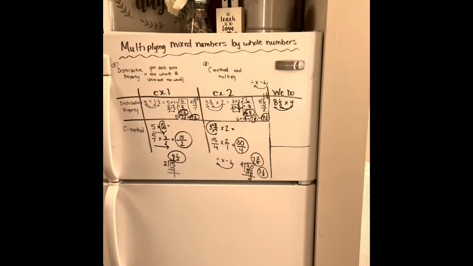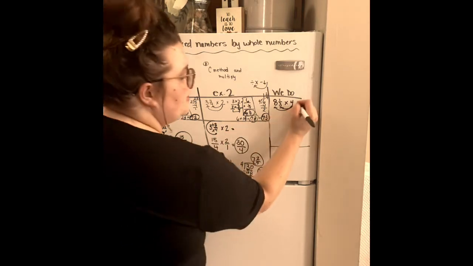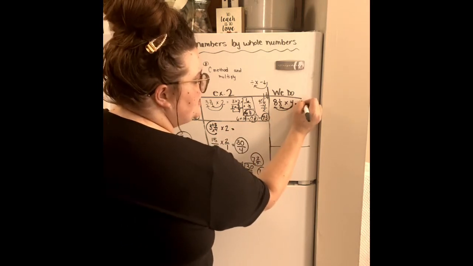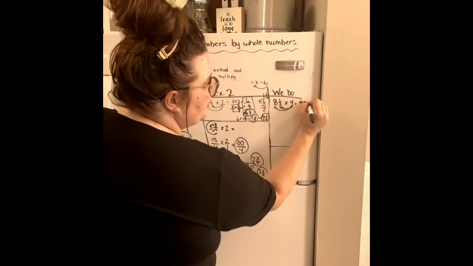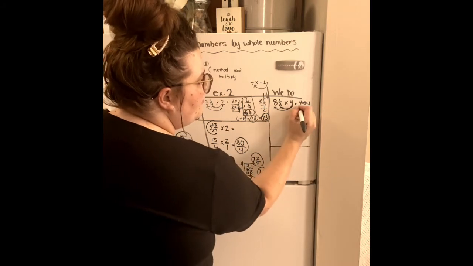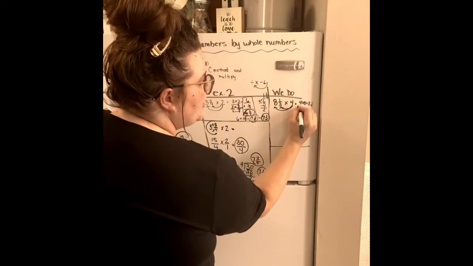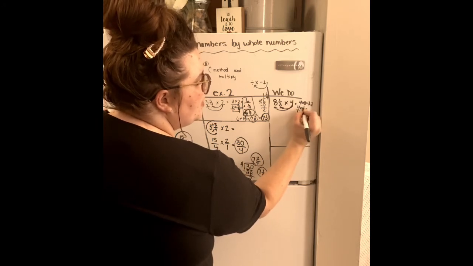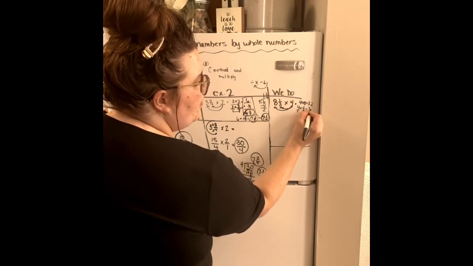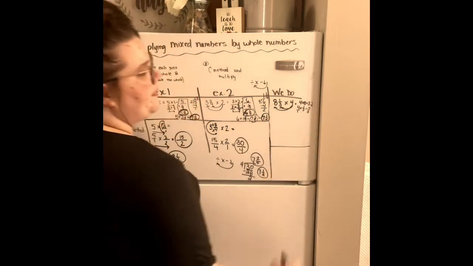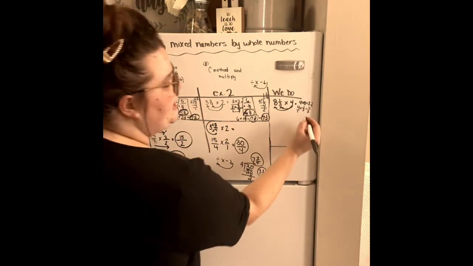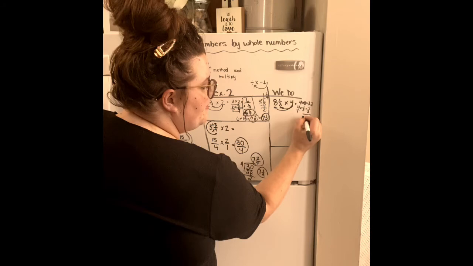So when I do that, 4 times 8 equals 32. And 4 times 1/3 gives me 4 times 1 is 4/3. Okay, so my complete answer over here, one of them is 32 4/3.